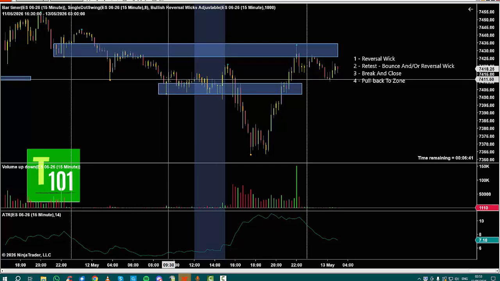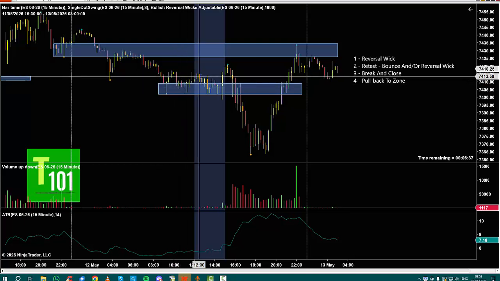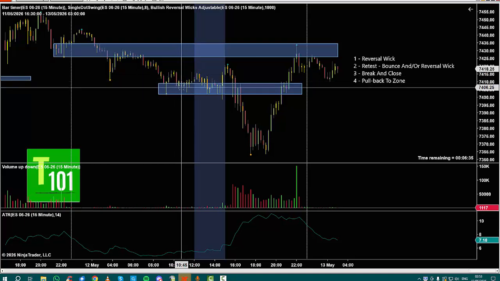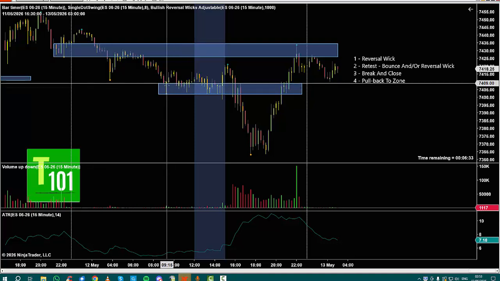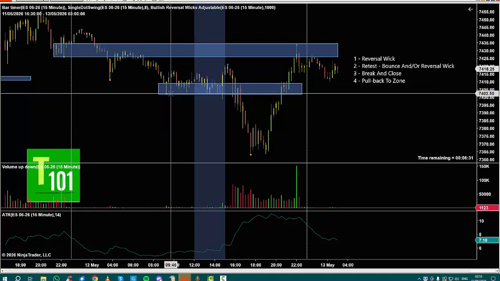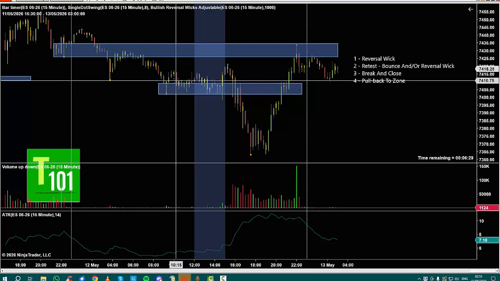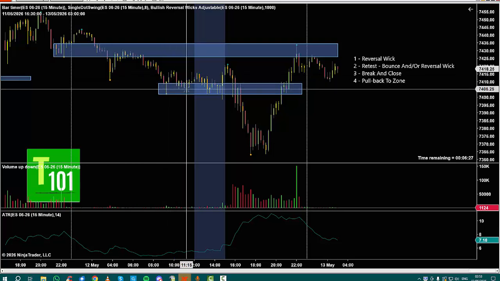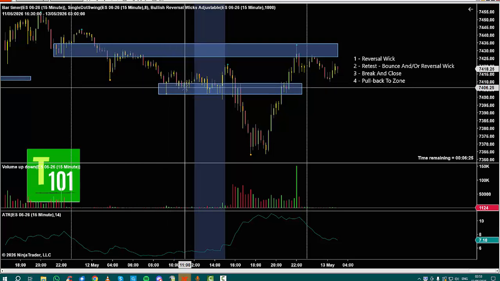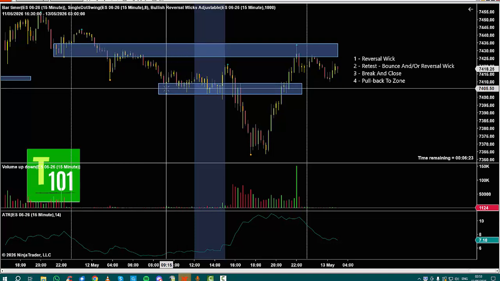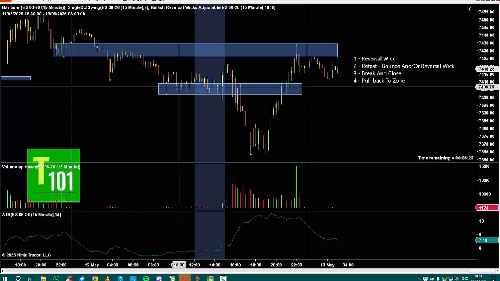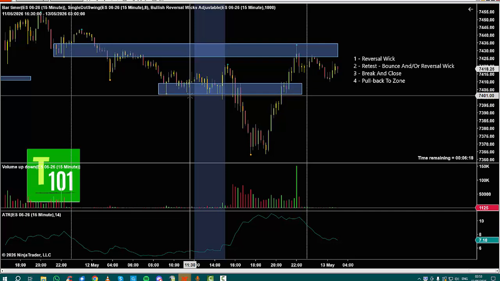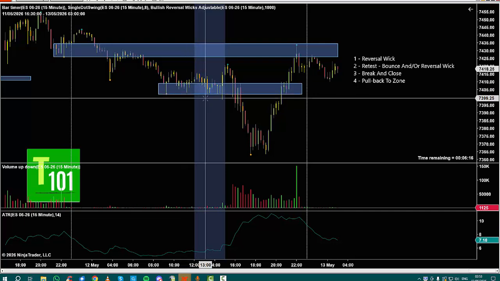Then 2, we need a retest. It needs to move away from that and come back and bounce again, and or have reversal candlesticks in that prior area, potential area that we marked out. So you can see we've got both. We've got the bounce and we've got these highlighted, because these ones outlined in yellow are all bullish reversal candlesticks.